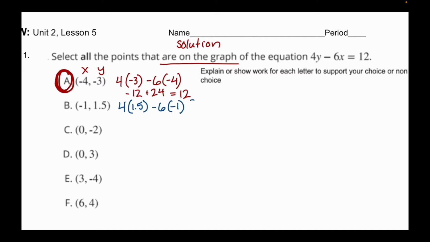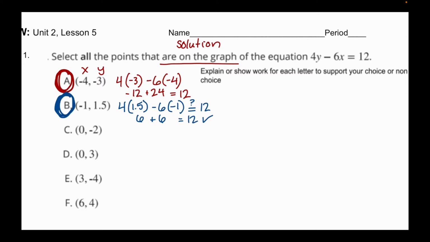And we want to know, is that going to be equal to 12? So 4 times 1.5 is going to be 6. And then negative 6 times negative 1 makes positive 6. So 6 plus 6, and yes, that equals 12. So we're good. And that means that B is also one of our answers.